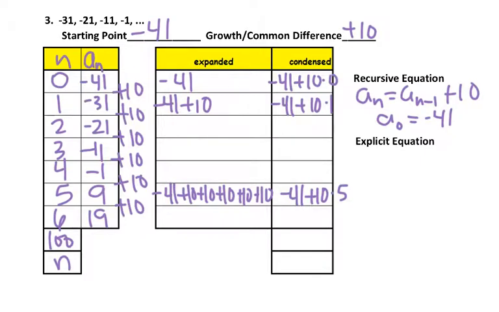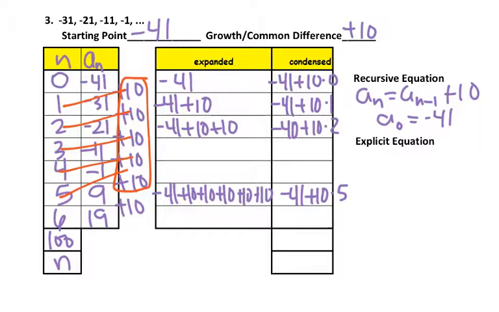Okay, so again, we can see those 5 tens. Each 10 matches up with one of those numbers. Okay, so negative 41 plus 10 plus 10, or negative 41 plus 10 times 2. Negative 41 plus 10 plus 10 plus 10, because there's 3 of them this time, right? Those 3. So negative 41 plus 10 times 3.